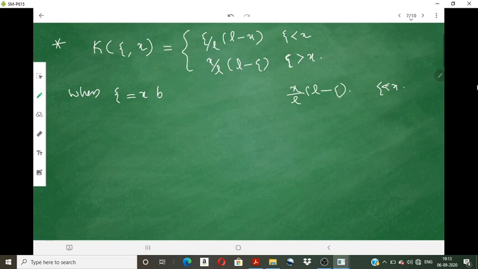This is the same as the second one. So when theta equals x, both expressions are equivalent.